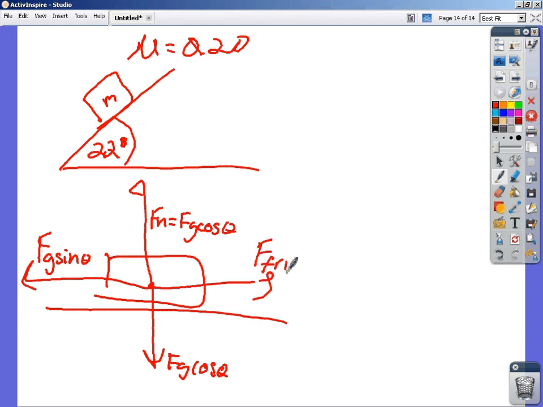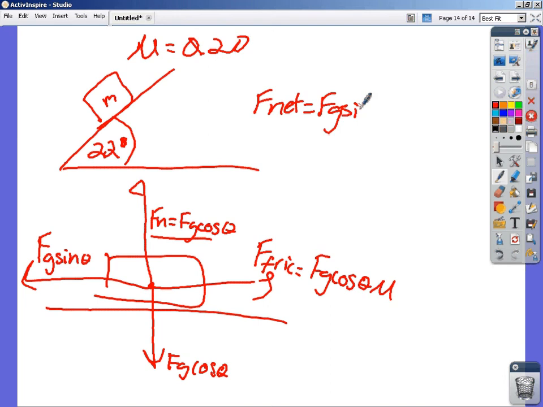So A is going to equal 9.8 sine 22 degrees minus 9.8 cosine 22 degrees times 0.2. And that's how you get the acceleration. This is just finding the acceleration. Actually, this is probably how I should have shown you how to work it out first.